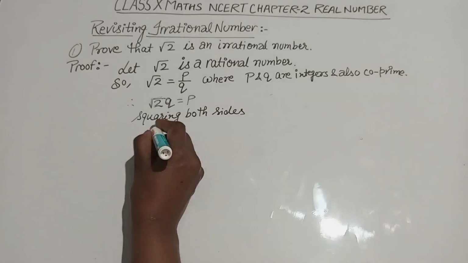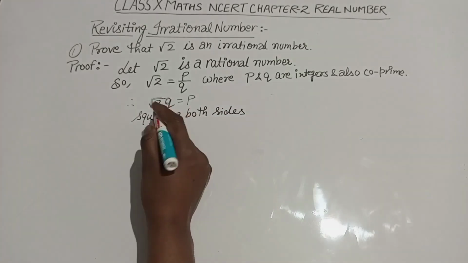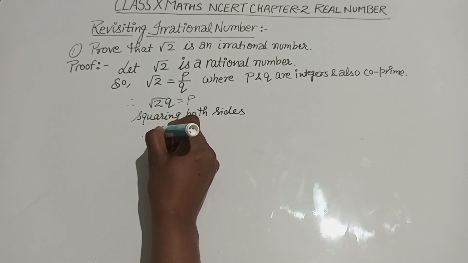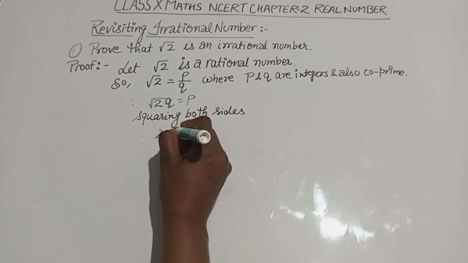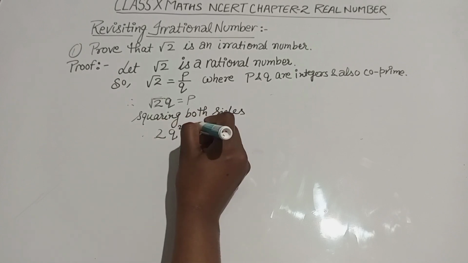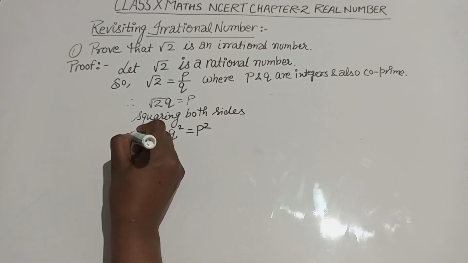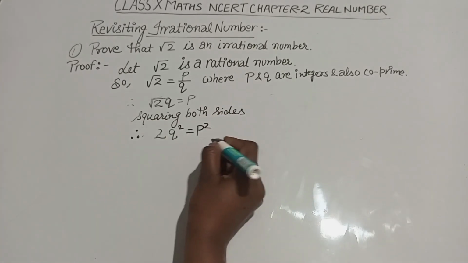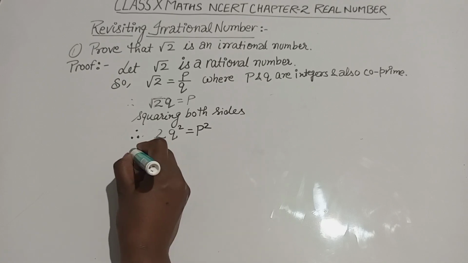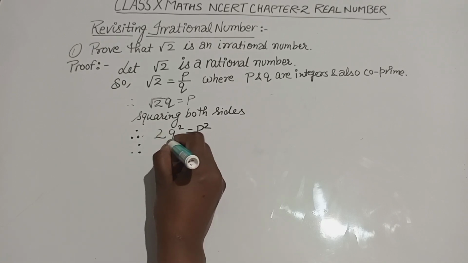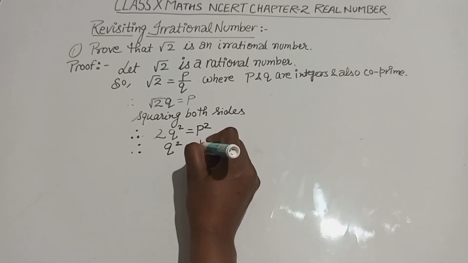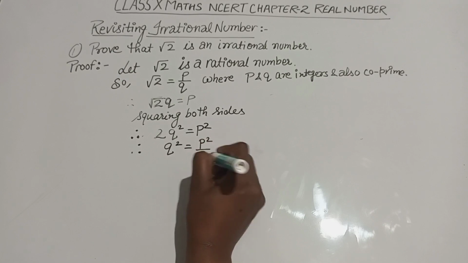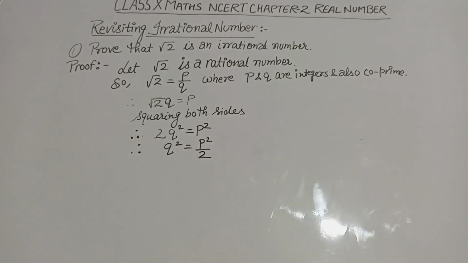Okay, so what we get: the square of root 2 is 2, so 2 q square is equal to p square. Or again, q square is equal to p square upon 2.